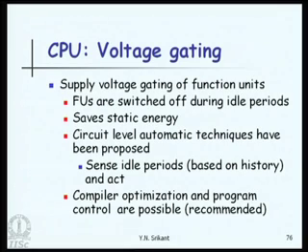So, function units are switched off during idle periods. This implies even the static energy is going to be saved, and circuit level automatic techniques have been proposed for this purpose. They have a mechanism to sense idle periods.